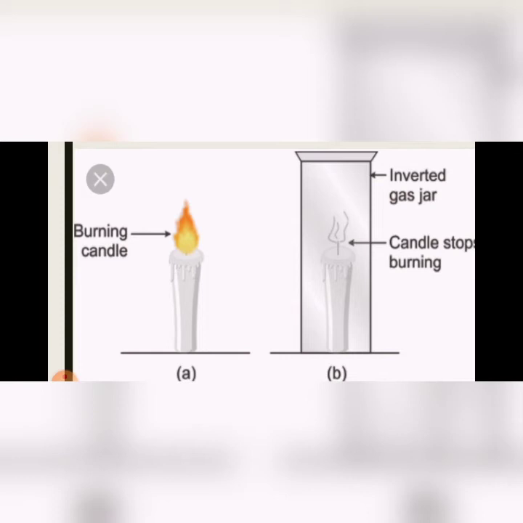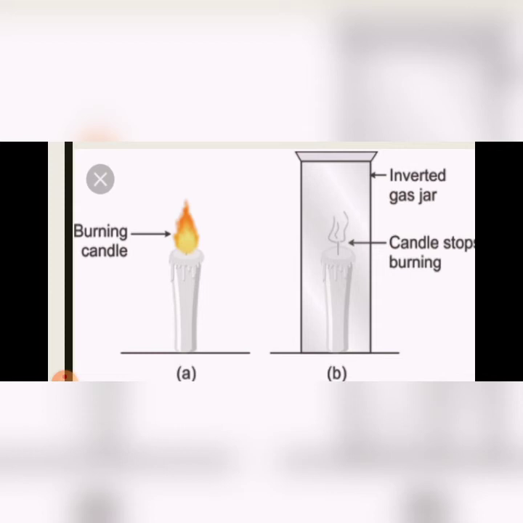Because when we cover the burning candle with an inverted gas jar, for some time the candle will burn because the gas jar contains some amount of oxygen, and the burning candle will utilize the oxygen which was present inside the gas jar.